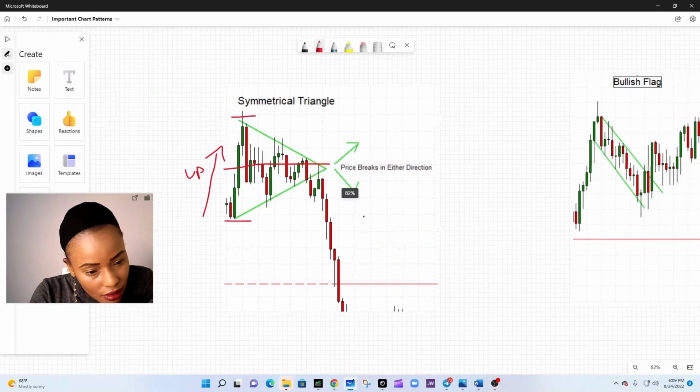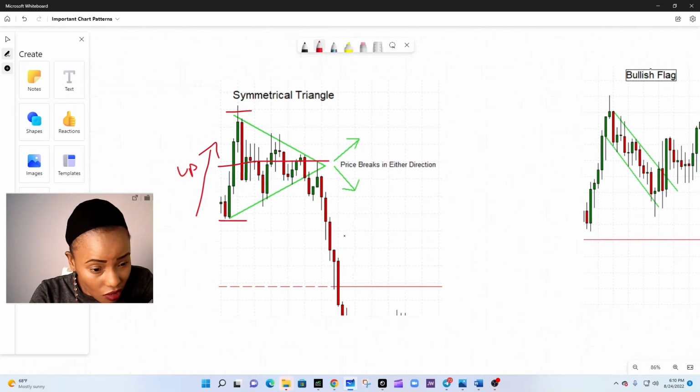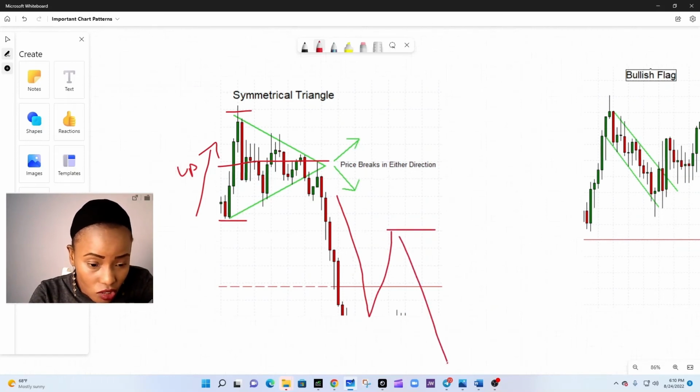So as a trader, what do you do? You wait for the breakout. In this situation, you wait for the breakout so that you know. And once the price breaks out, we can see the price broke out to the lower side. What do you do? You wait for a retest, and then you continue with your selling cycle.